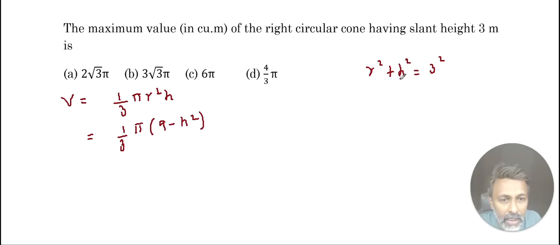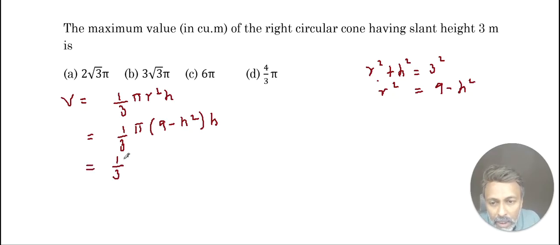We are writing r square as equal to 9 minus h square. This value we have substituted in the volume formula times h. Let's multiply. We obtain 1 upon 3 pi into 9h minus h cube.